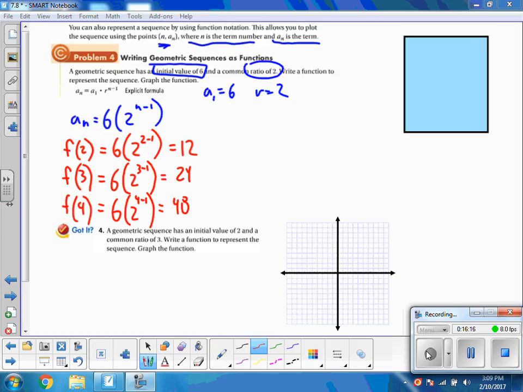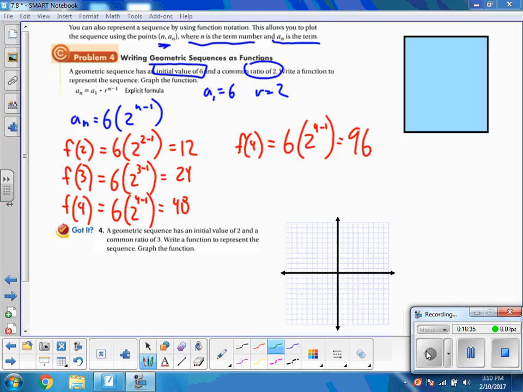My 3 points kind of get me going, but because this is going to curve, I'm going to get one more point on here. So it's my initial value times my ratio, to the 5 minus 1, and I'm going to get 96 on this one.